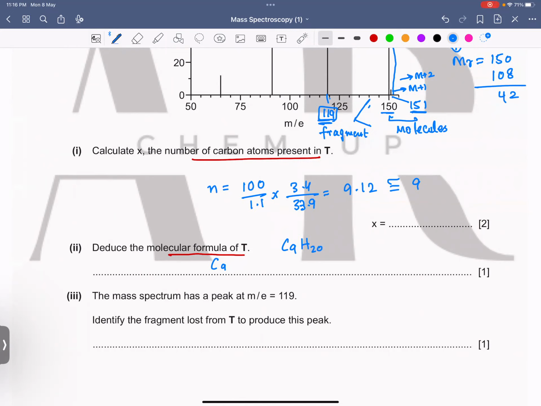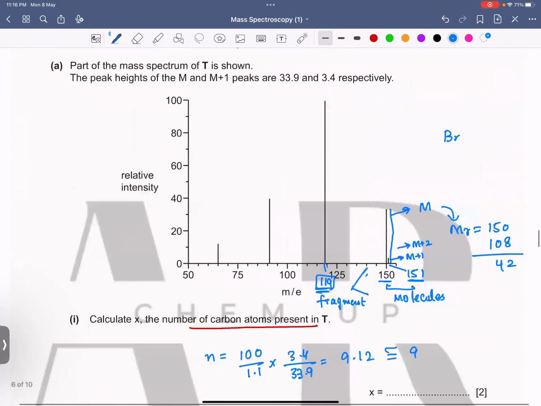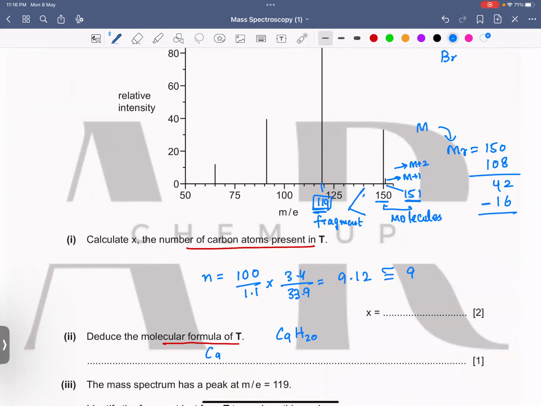So if I consider there must be an oxygen in it, for example, because there is no halogen. If there is a halogen, then we would get an M+2 peak as well, right? But there is no M+2 peak, which means that there is no halogen. So there must be a possibility of an oxygen. If I put 1 oxygen in it and subtract it, how many hydrogens am I getting? 42 minus 16, 26, right?